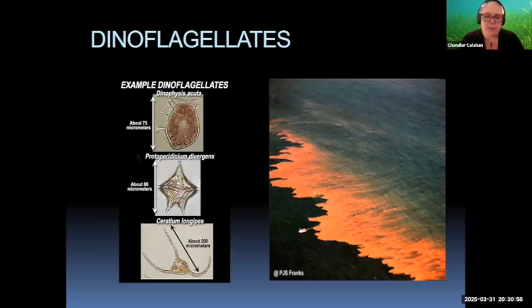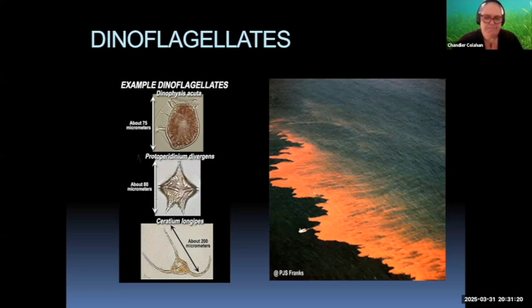The other type of phytoplankton we commonly see are called dinoflagellates. These are little single-celled photosynthesizing organisms that have an appendage called a flagella. It's like a little whip-like thing that helps move them around a little bit, but it's not really for locomotion by any means. It can help create a current.